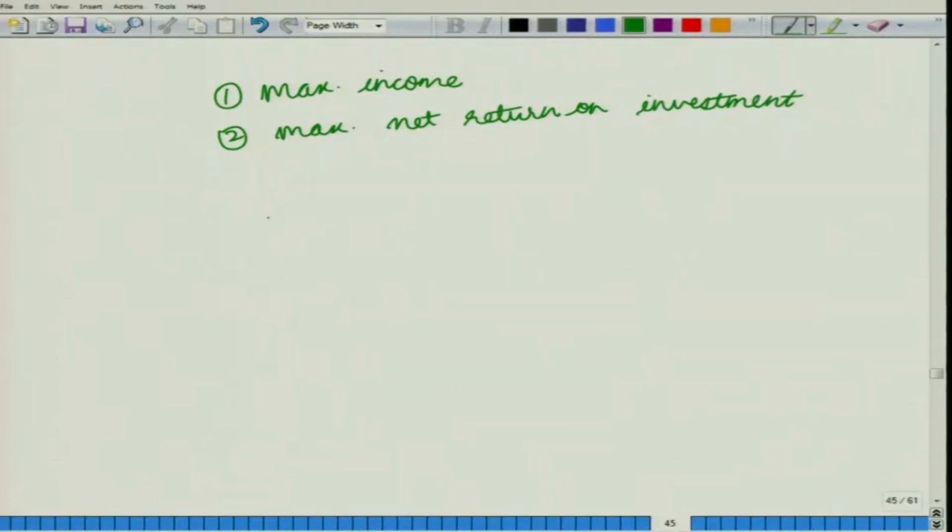So, you have got two plans, plan A and plan B. In the first policy, if you invest a sum of 100,000 rupees, you will be getting every month an income of 11,000 rupees, whereas in plan B, you will be getting an income of 10,000 rupees every month.